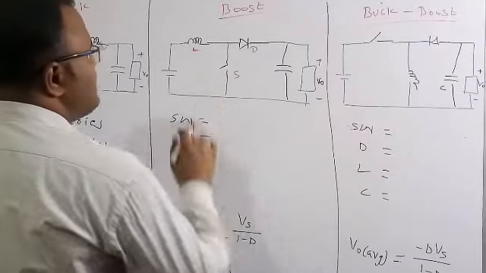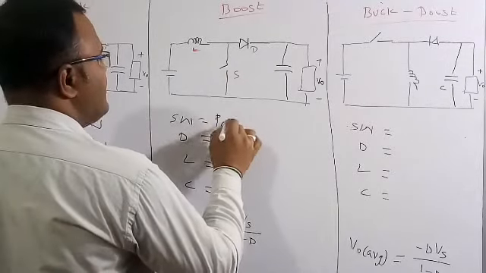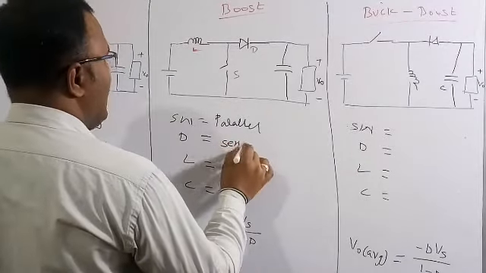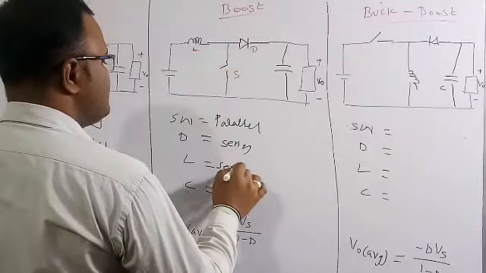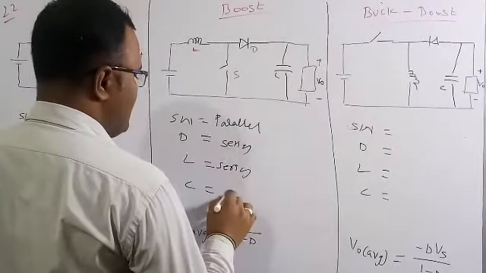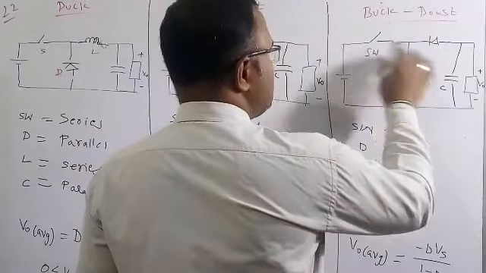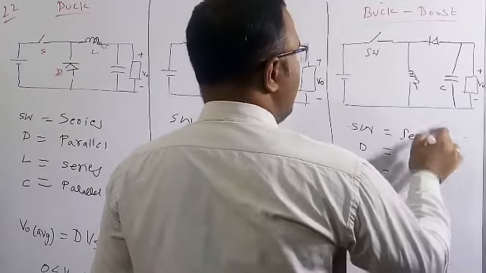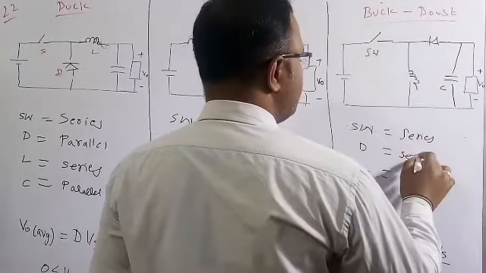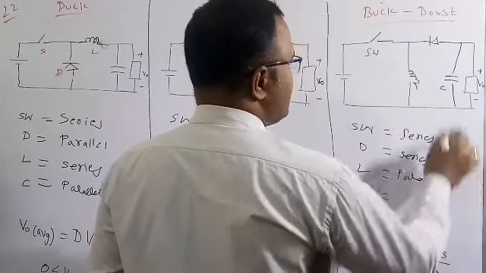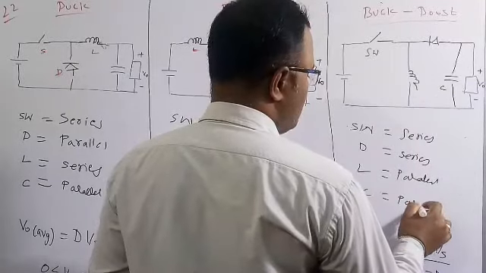But if you see the boost converter, the switch is in parallel, the diode is in series, the inductor is in series, and the capacitor is in parallel. Now in the buck boost converter, the switch is in series with the load, the diode is in series, the inductor is in parallel to the load, and the capacitor is also parallel to the load.